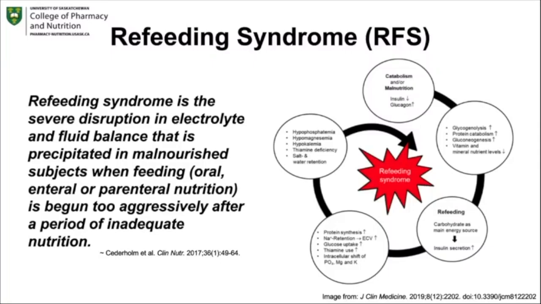The potential clinical consequences are volume overload with risk for heart failure and peripheral edema, as well as transcellular shift and redistribution of phosphate, potassium, and magnesium that are associated with life-threatening complications such as cardiac arrhythmias. Additionally, the hypophosphatemia may result in possible muscle weakness. In the worst-case scenario, if a patient is fed too aggressively and the signs and symptoms of refeeding are not addressed, death can occur.